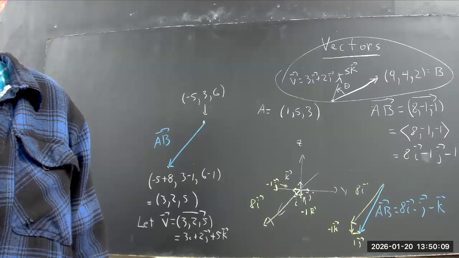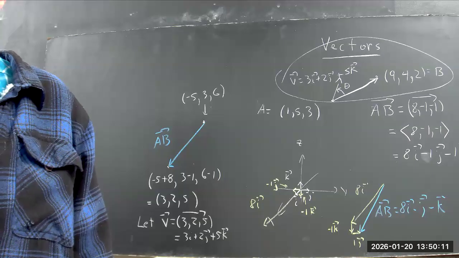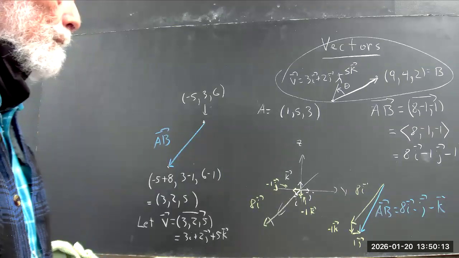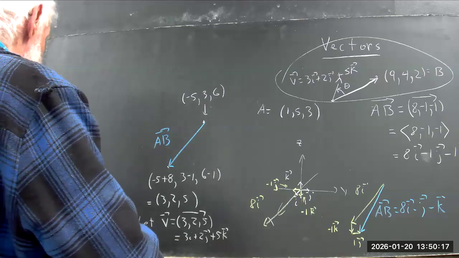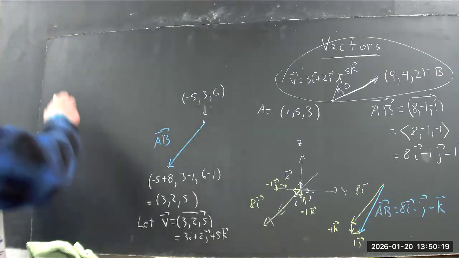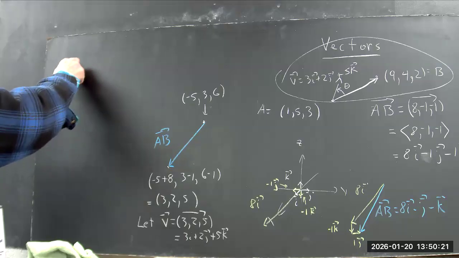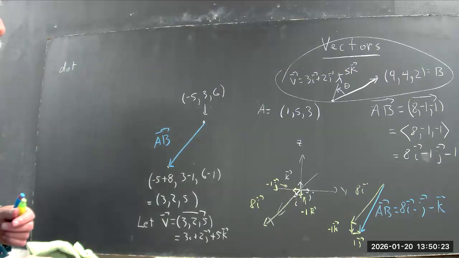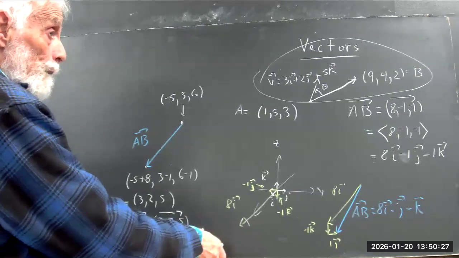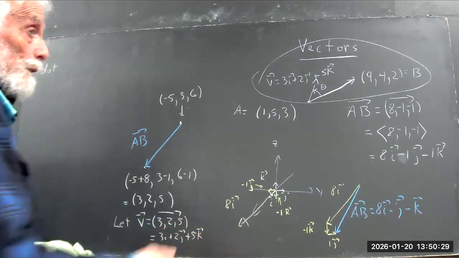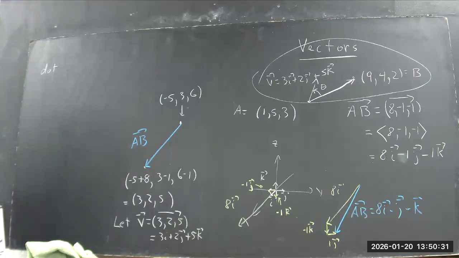If you had linear algebra, you certainly have. The dot product is really simple. Now, let's make sure I can still see what I'm writing on the board. Okay, dot product.